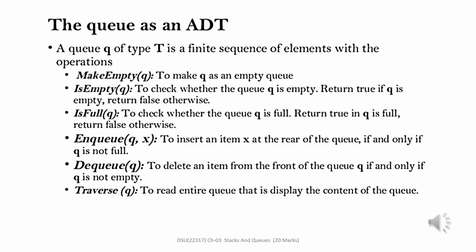NQ, that is NQ(q, x), to insert an element x at the rear of the queue if and only if the queue is not full. DQ, to delete an element from the queue if and only if the queue is not empty. Traverse queue means to read the entire queue, that is, display the content of the queue. These NQ and DQ conditions are used when the queue is full or the queue is empty.